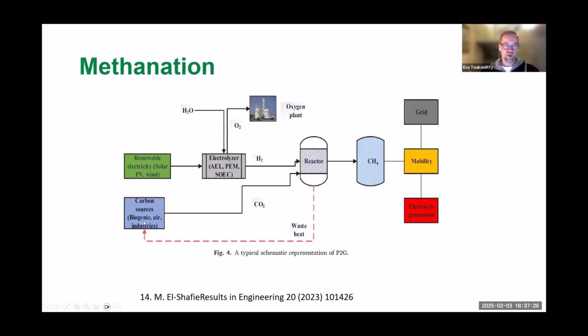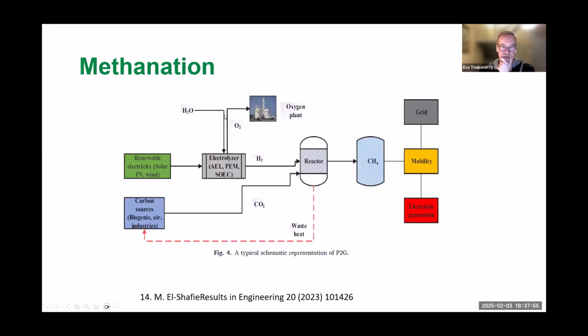We capture carbon from various sources, whichever is available, cheapest or makes more sense, and mix the hydrogen and carbon in that reactor, apply the catalyst and high temperature. That converts to methane and water. And of course, here is some purification or separation step before this methane can be used for different applications.